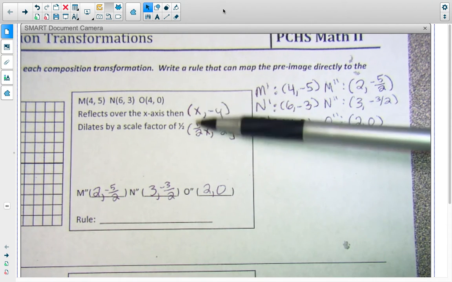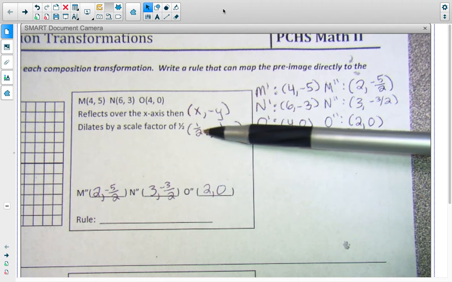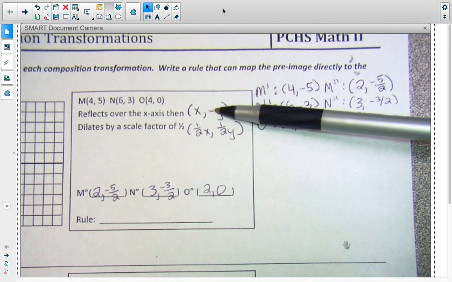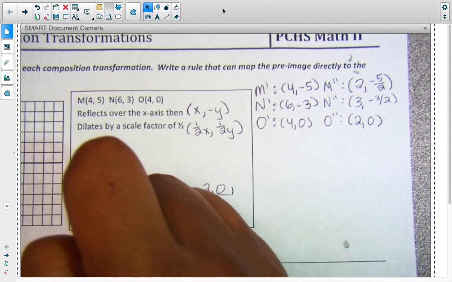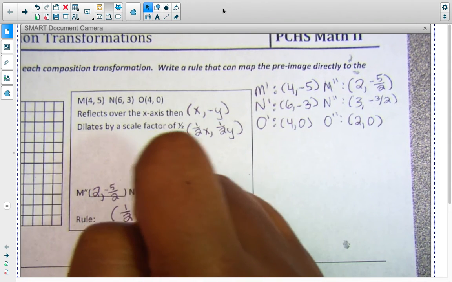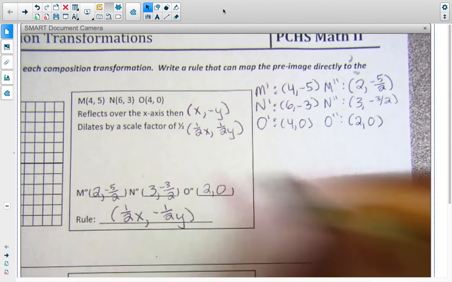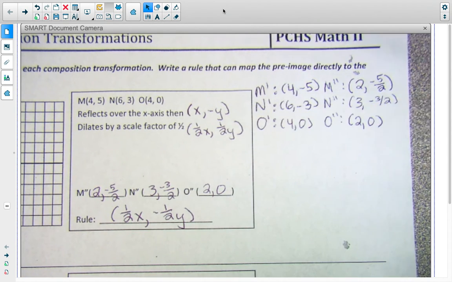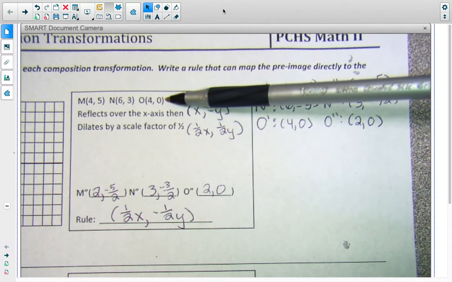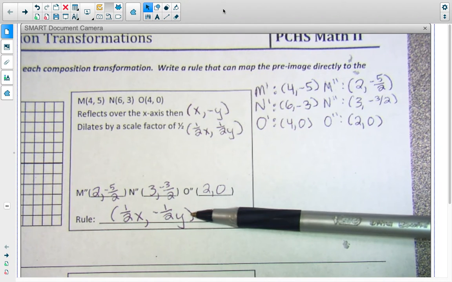So if I combine these together, 1/2 will be my coefficient and nothing changed with the x. And then I need to combine the negative with the 1/2. So my final rule is going to be (1/2 x, negative 1/2 y). I took these two rules and combined them together so that I could go from the pre-image all the way to my final image using this rule.